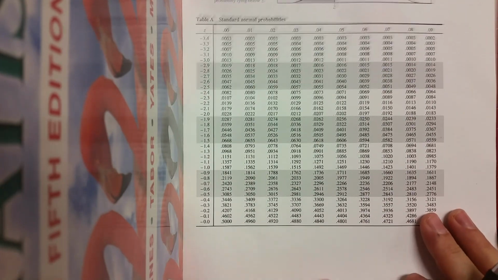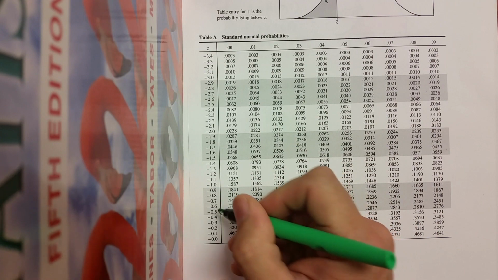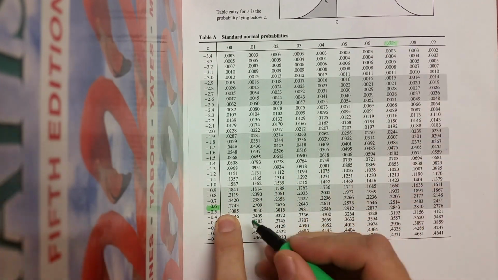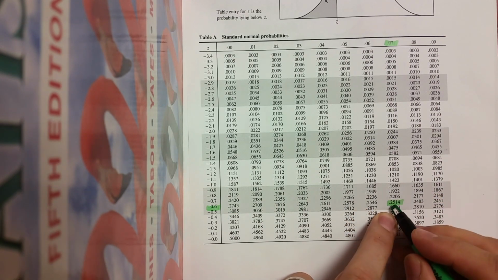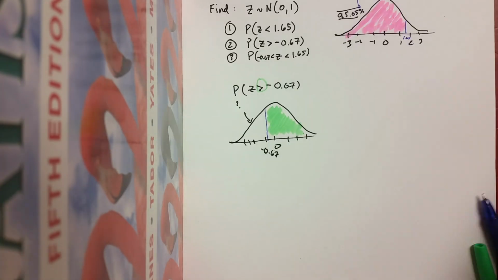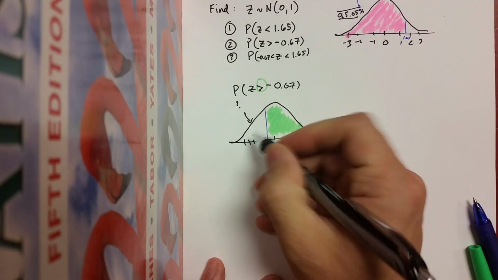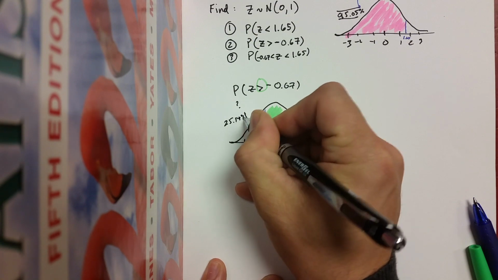Negative 0.6 is right there. 0.07 is there. Going across, I have 0.2514. That would tell me that the area on this side is 25.14%.